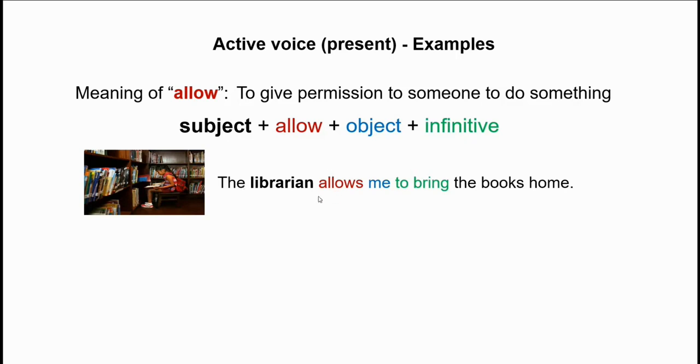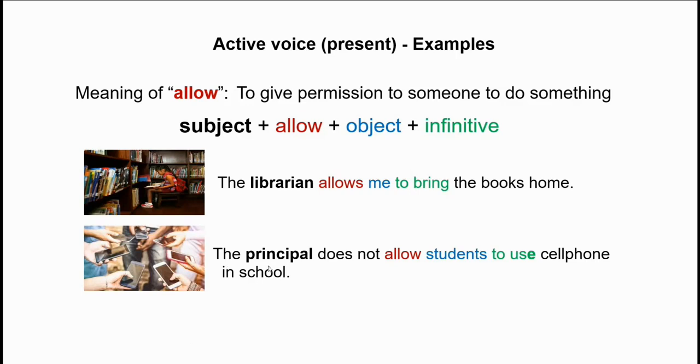So this is the verb, the object pronoun, and here we have the infinitive verb, to bring. Another example: the principal does not allow students to use cell phones in school.